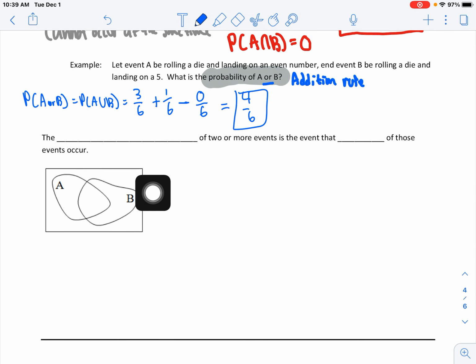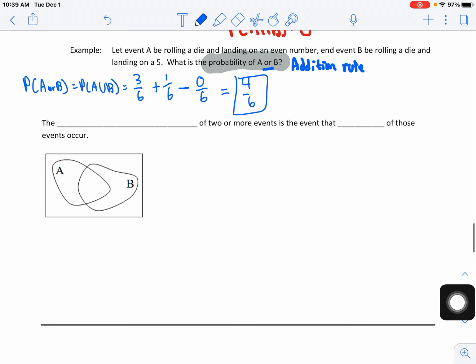Okay, down here we have just a little more, I already explained this. The intersection of two or more events is the event that both of those happen. And I'll just highlight this. That's right here in the middle. That's the intersection.